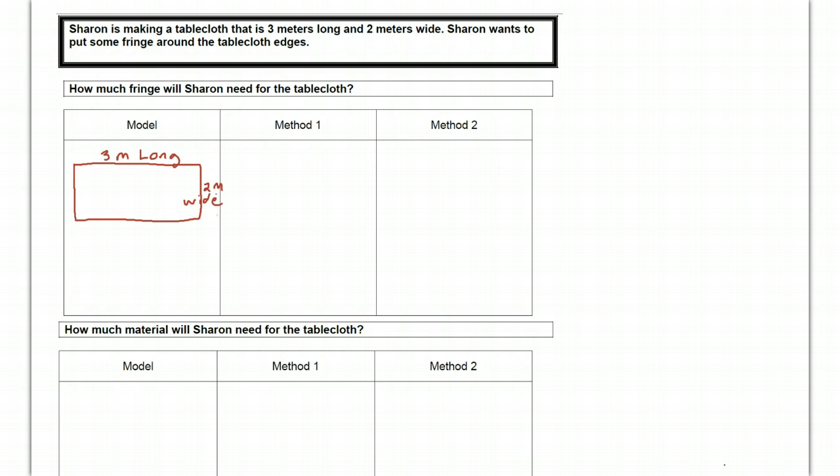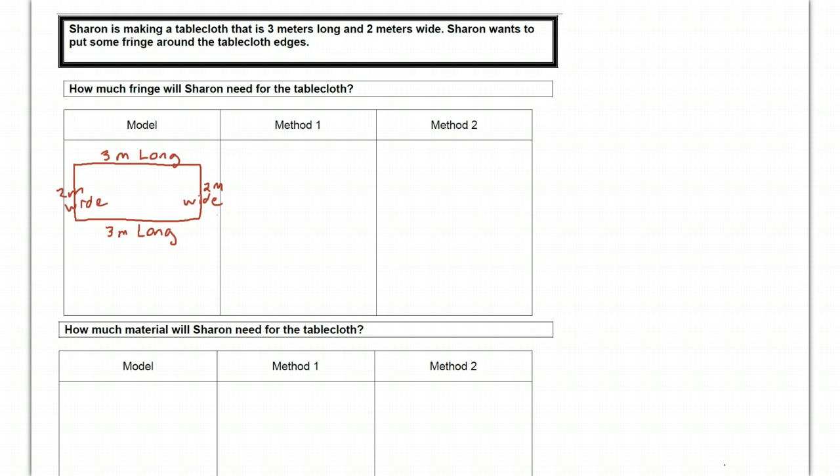Now, the first method that we could use to solve this is to look at the lengths on all of the sides. If this side's 3 meters long at the top, then it's going to be 3 meters long at the bottom also, and on the left hand side it should also be 2 meters wide.